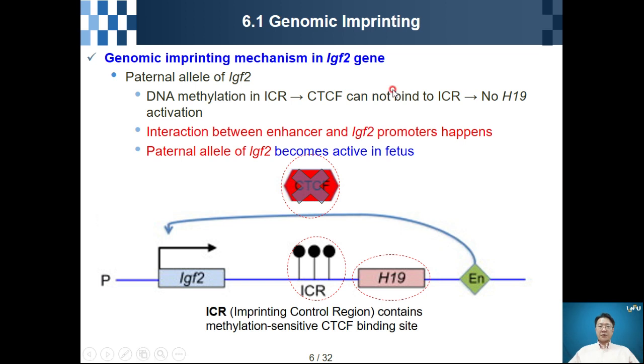Because there is no CTCF binding in the ICR region, the interaction between the enhancer and the IGF2 promoter happens. That's why the paternal allele of IGF2 becomes active in the fetus.